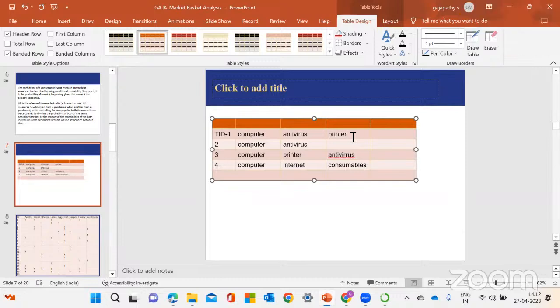Handle it with computer. If they are buying computer and printer, then maybe you can bundle it with the computer. Okay. So I will bundle it with the computer, and when they are buying computer and printer together, on the printer alone I can give a discount because that is the one which is not moving as far as I'm concerned.